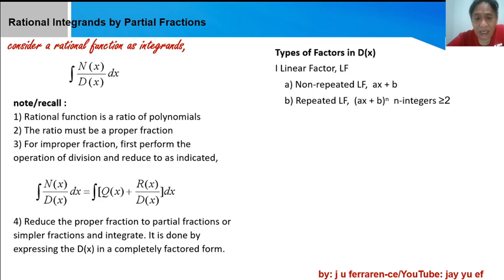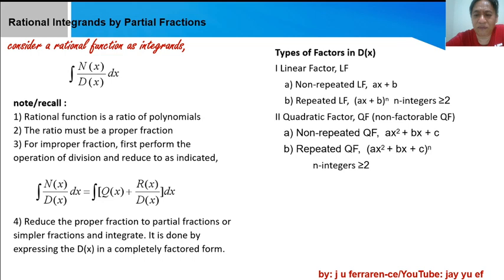Another kind of factor in the D of x is the non-factorable quadratic factor. If it is a quadratic, you always have to check, because it might be possible that your quadratic factor can still be reduced to linear factors. We also have two types of quadratic factor.